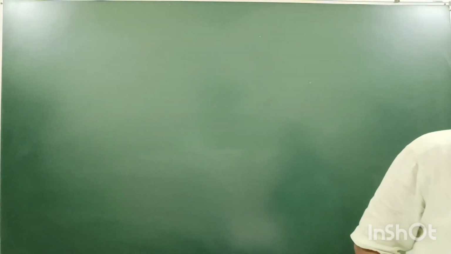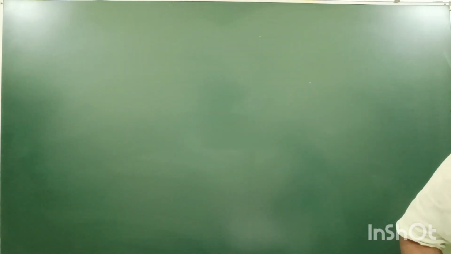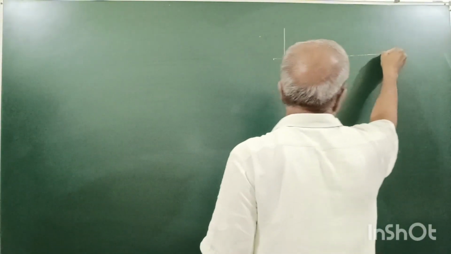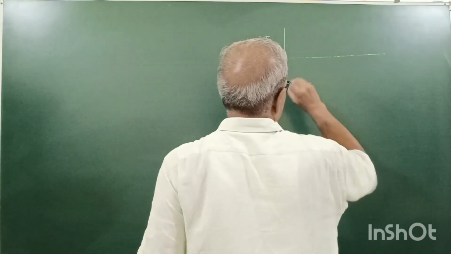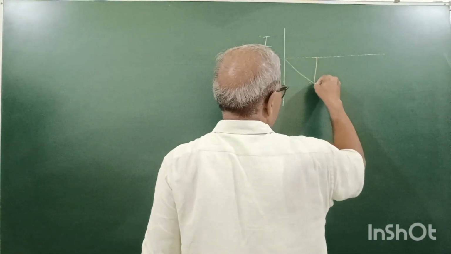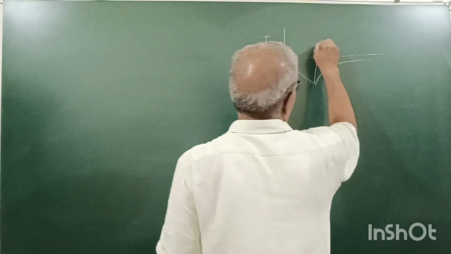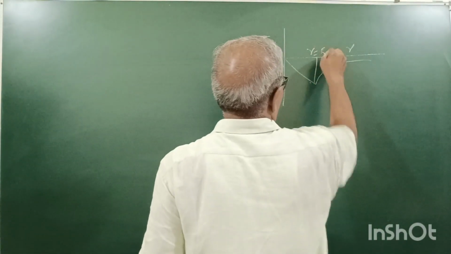What did we tell? I will tell again. The question says the dependence of gravitational intensity of Earth with distance r from the center of Earth is correctly represented by the graph of intensity. Here you can write I on this side and r on this side. So graphs are like this. One graph is this way. This is r, and here r equal to RE.